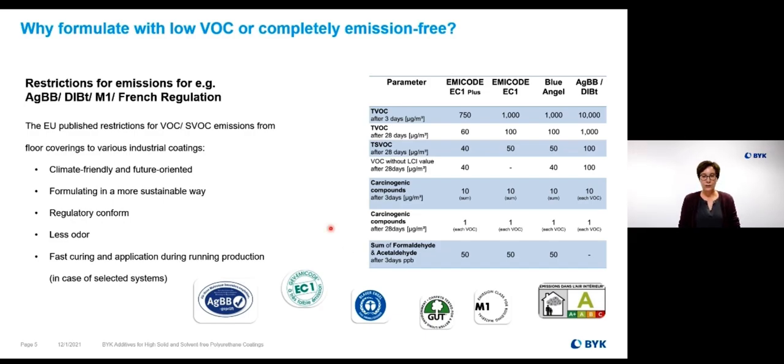Depending on regulation, there are different restrictions regarding SVOC or VOC or other components required. Here at BYK, for example, we are able to do emission chamber measurements to get the AGBB conformity. So it was done for one of our products, for example, Disperbyk 2152. And also VOC measurements belong to our daily business. In general, we try to meet or to cover all regulations globally.